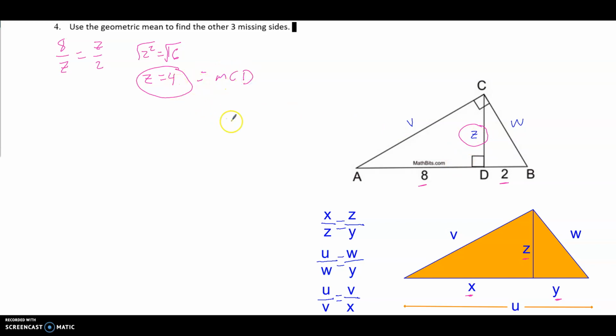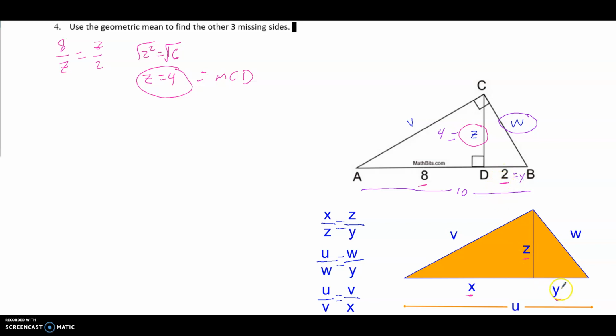So I have CD equal to 4. And then the next thing I want to find is going to be W. Let me mark this. So here I want to find W, this missing side. And if I take a look at the second proportion right here, this has W, so I need the measurements of U and Y. So U in this particular case is going to be 10. And Y is going to be 2.